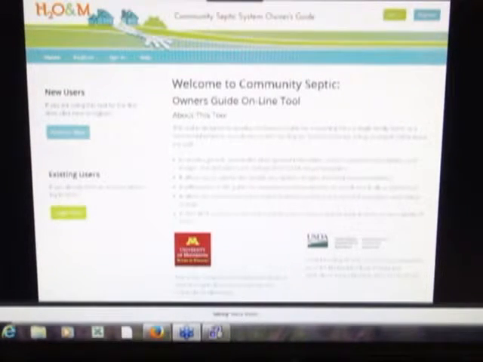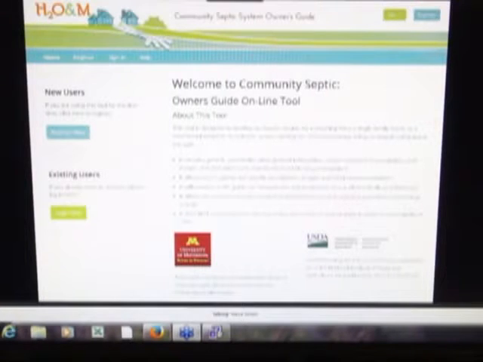It's actually for anyone with a septic system or a decentralized system. So it says here, from a single family to a commercial property to a cluster serving 50 plus homes. What this guide does, and actually it's maybe better for your septic installer or your professional that you work with to use this to provide a guide for you.